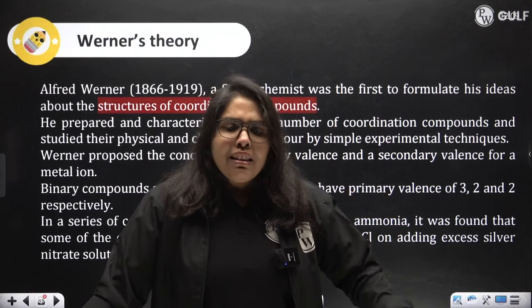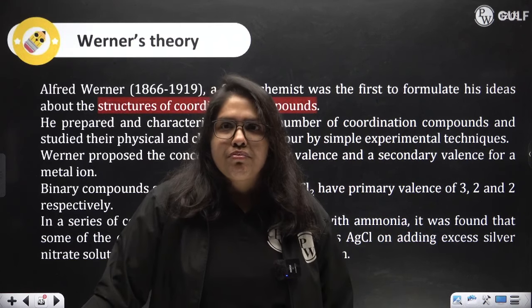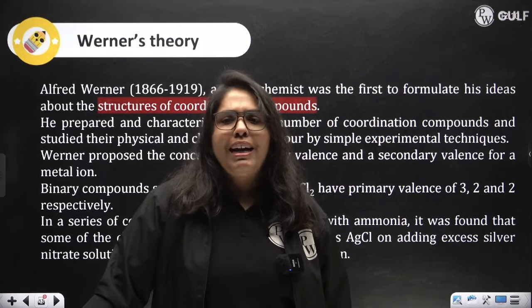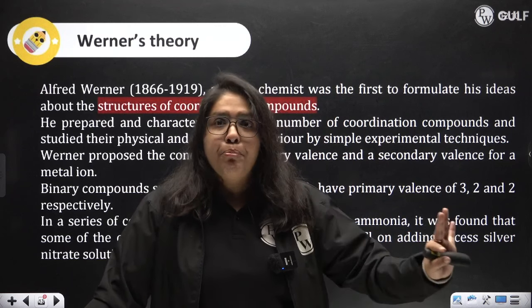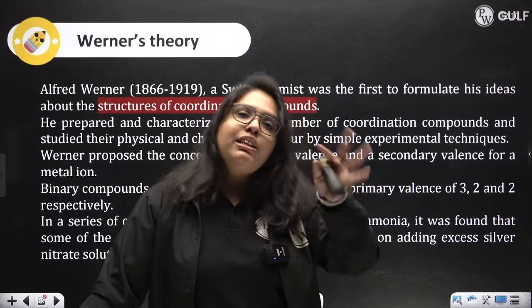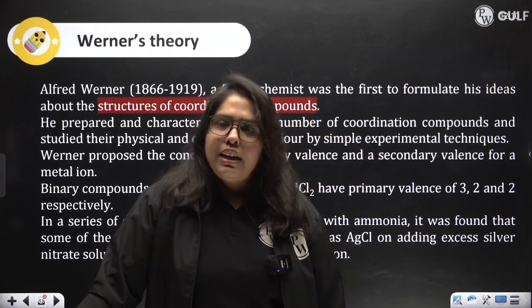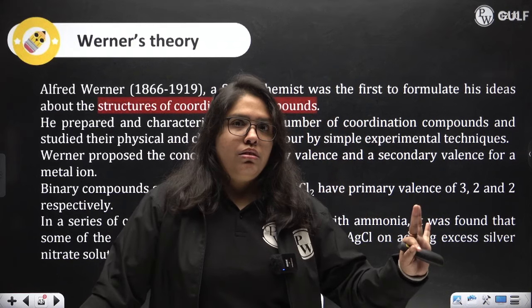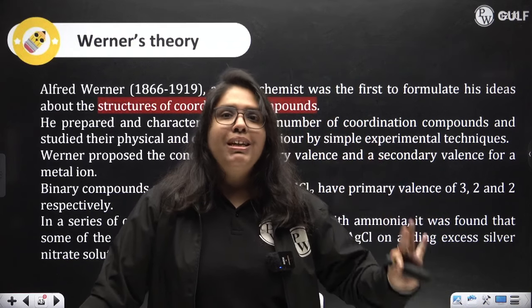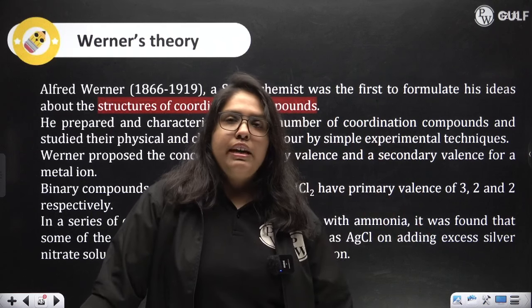That means the coordination number is fixed because the number of ligands around the central metal atom is fixed in a given compound. Whether you ionize it or do whatever with it, the coordination number does not change. It remains the same for a given metal atom in a given compound. Okay, this is clear.